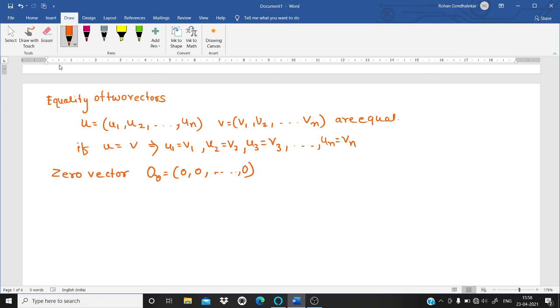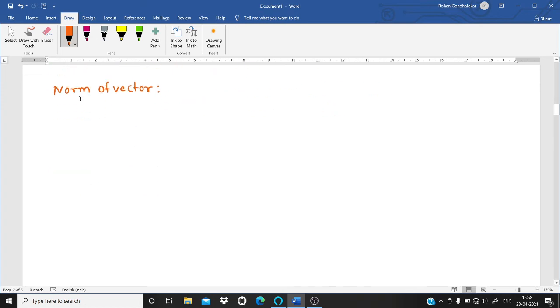Suppose I have the vector u given as u1 comma u2, then norm of u is equal to square root of u1 square plus u2 square.